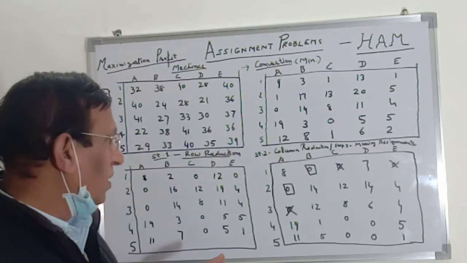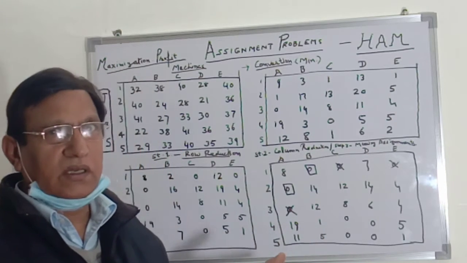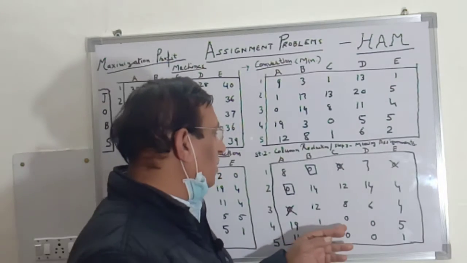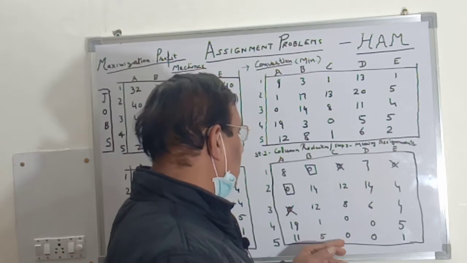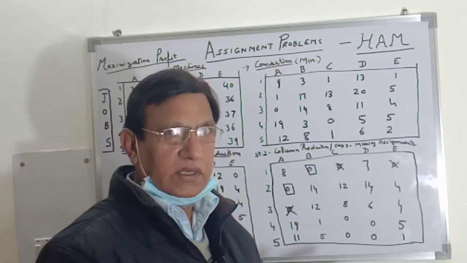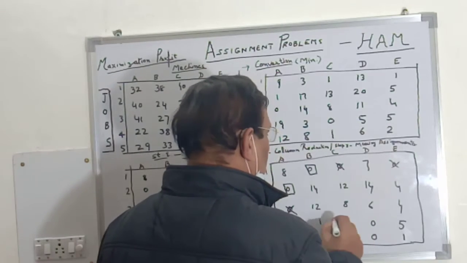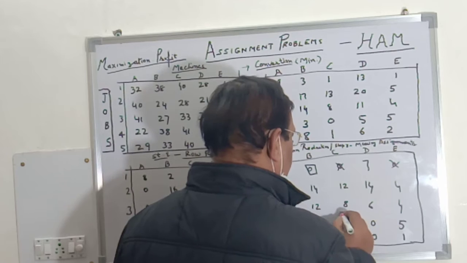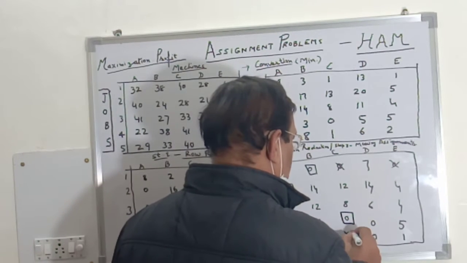So we have to make an assignment. Here the assignment can be either this or this if row wise, or this or this. So take any choice. Take your first choice, that is better. If you mark row wise and mark this as a 0 assignment, then cross that 0.